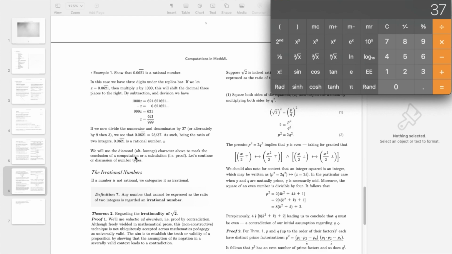Okay, and this little icon here, we'll use the diamond or lozenge character above to mark the conclusion of computation or calculation, which throughout this course I'll be considering calculations and proofs synonymously.